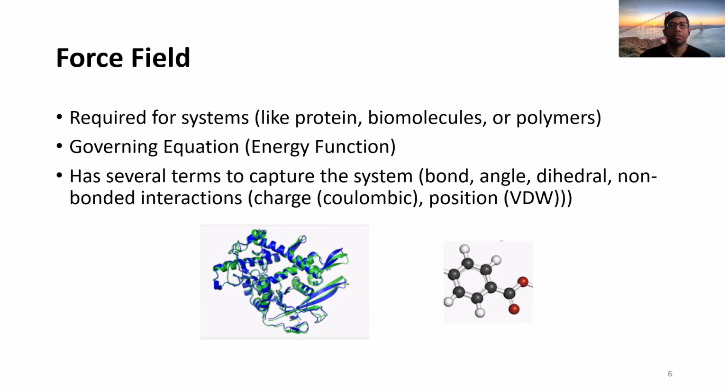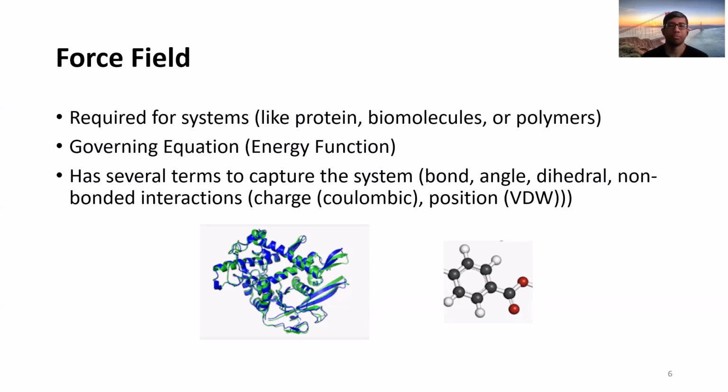There is a governing equation, an energy function, that's what we have been showing in terms of functional form. It is required for any system you want to build. Let's say you want to make a protein system or a biomolecule system or a polymer system. You have to define the governing equation, how they behave and interact with each other.